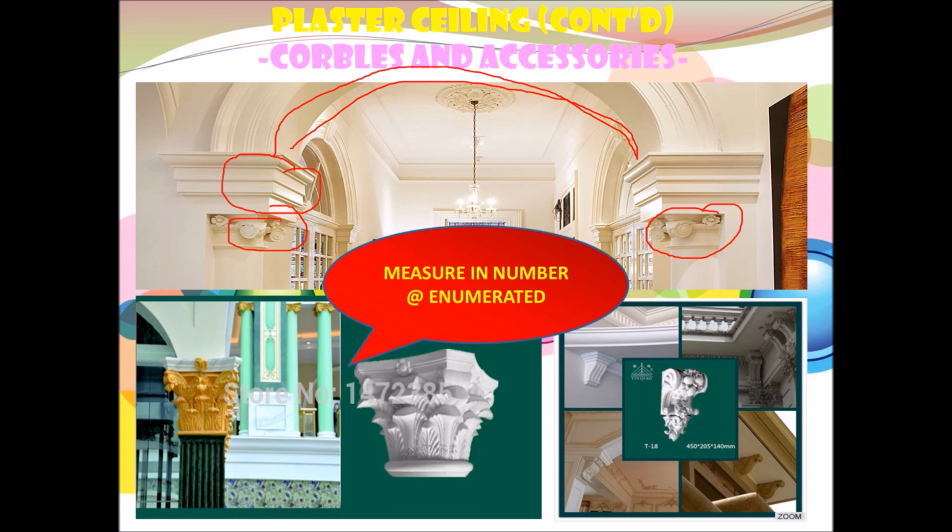This is another example that is required to be measured in number. But if you look at the bottom, this one is exposed outside the building, so definitely at the bottom you have to measure this cobble outside the building under external ceiling finishes. It is normally attached between the wall and the ceiling.